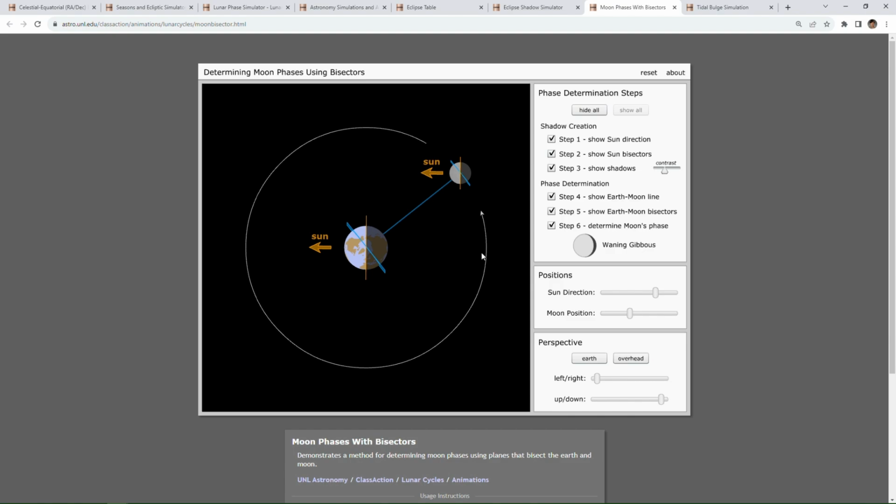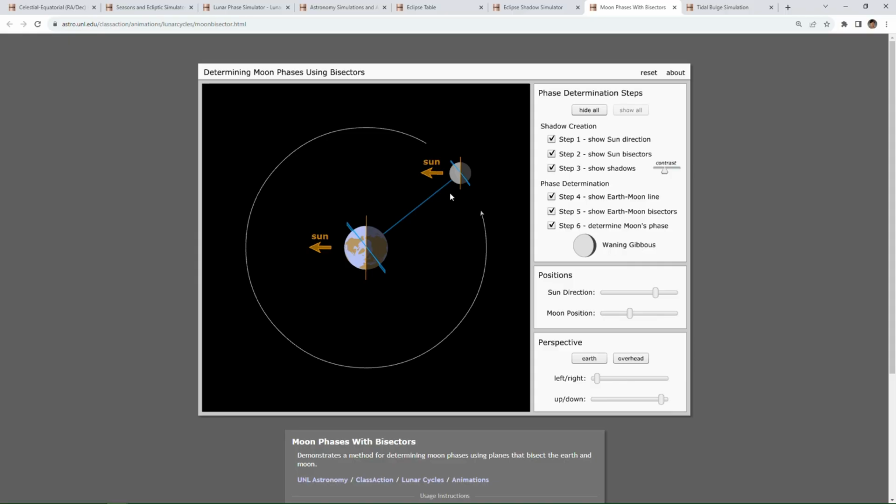And how do we determine what kind of phase it is? Forget about anything mentioned here. We will draw a line. One line gives you the dark side of the moon and the light, or bright, side of the moon. And the other line is the Earth-moon bisector. So that is the side of the moon facing the Earth.